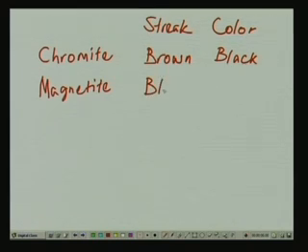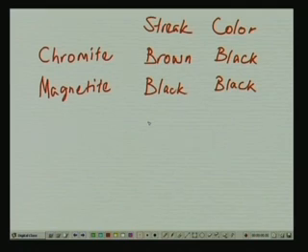For magnetite, both streak and color are black. This actually, by the way, streak, magnetite and chromite, they are actually very similar in many different ways. The only way to distinguish these two minerals, or one of the very few ways in which these two minerals can be distinguished easily from each other, is by looking at the color of the streak.